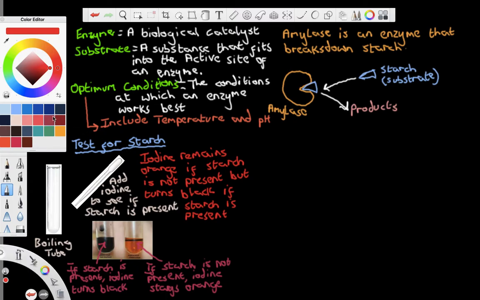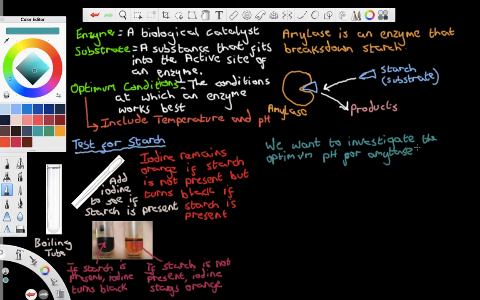So we can say that we want to investigate the optimum pH for amylase. Okay?